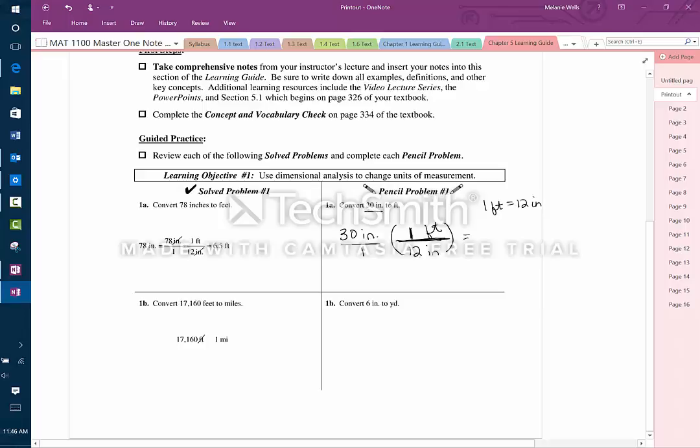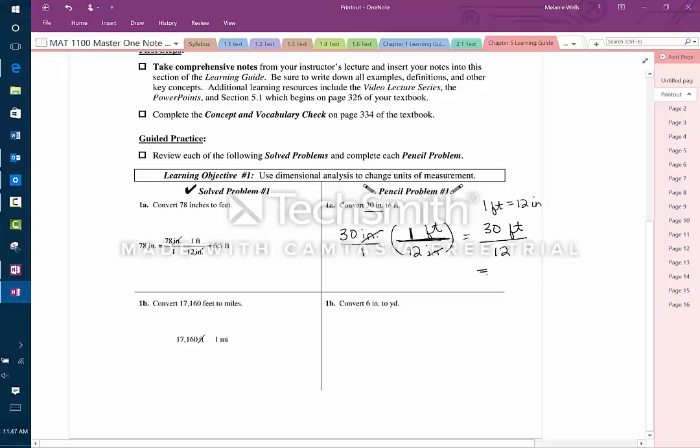Okay, so 30 inches over 1 times 1 foot over 12 inches. Now let's look to see what will cancel out. We've got inches that will cancel out as a common factor. Now let's multiply across the top. We've got 30, and the only thing that's left is feet in units, over 1 times 12 is 12.